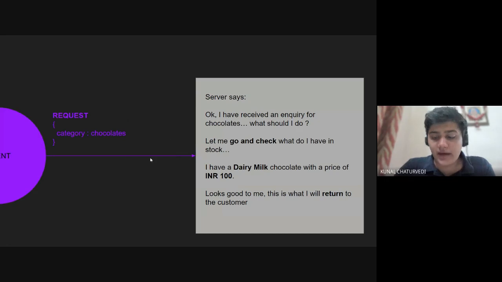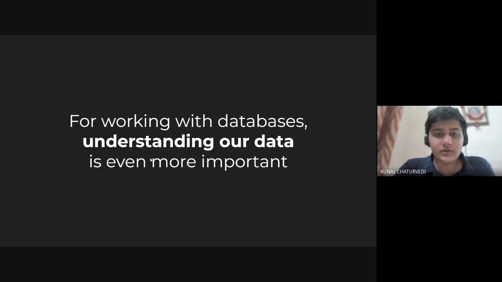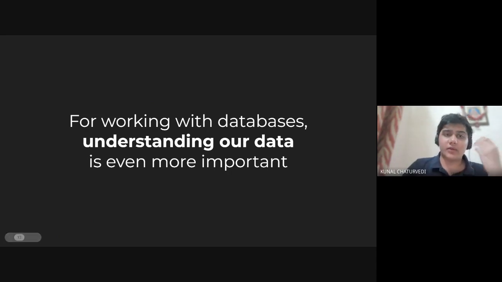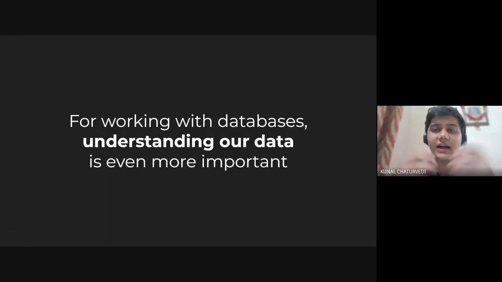Now, coming back, for working with databases, understanding our data is even more important, which means, for example, if I have to create some particular application, then I have to understand how my data is going to be stored, and what sort of structure the data is going to be in, right?